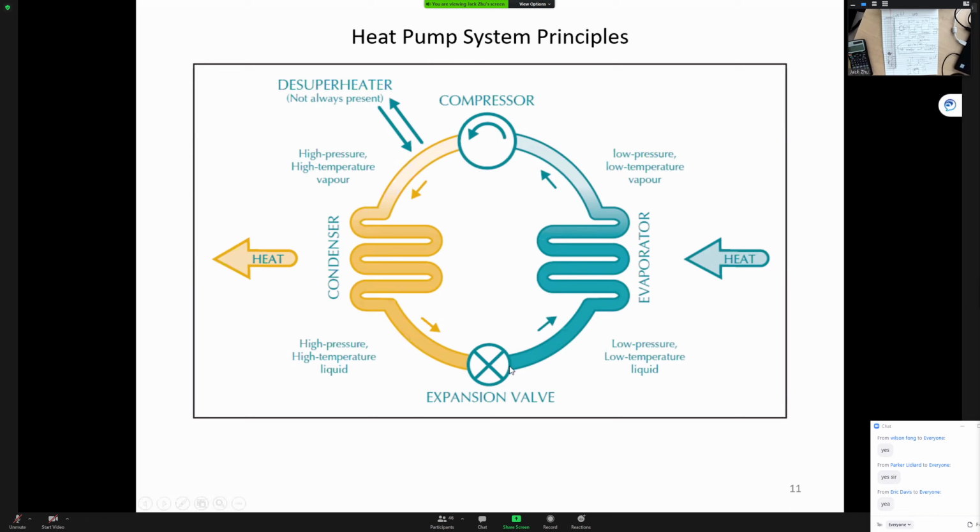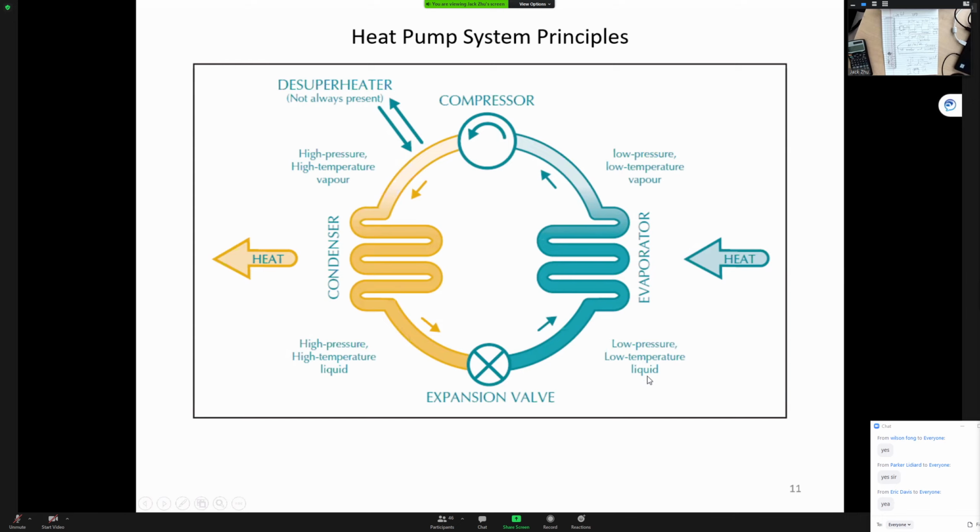When the refrigerant gets here, it becomes a low pressure, low temperature liquid after going through the expansion valve. And when that liquid goes into the evaporator, it changes state from liquid into a gas or vapor.